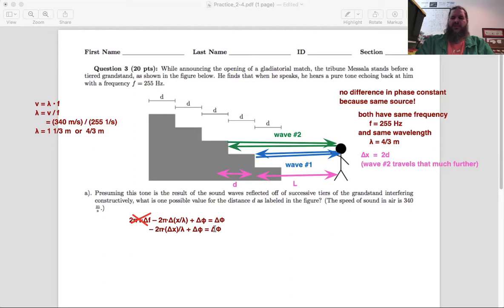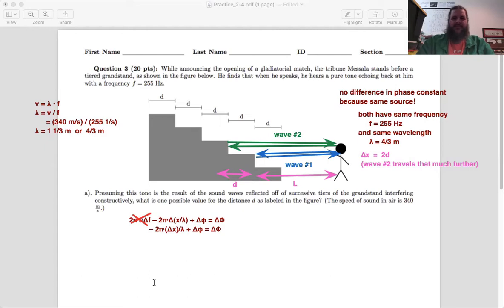So the type of interference, constructive or destructive or partial, tells you information about the total phase difference, the capital phi on the other side of the equation. The phase shift is not about the type of interference. The phase shift is about what's going on at the sources, whether the sources are synchronized or not. And the actual type of interference, the total phase difference, is the combination of information about the phase shift difference and information about the path length difference.